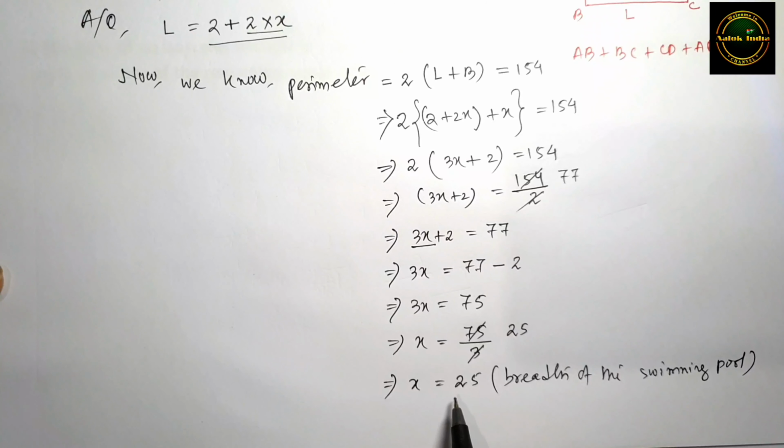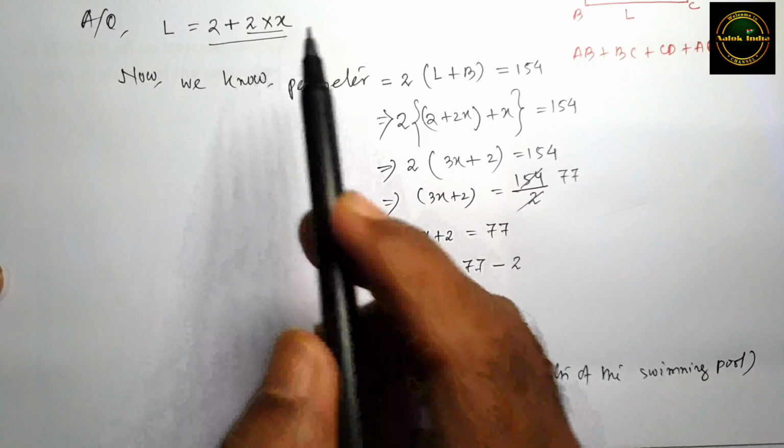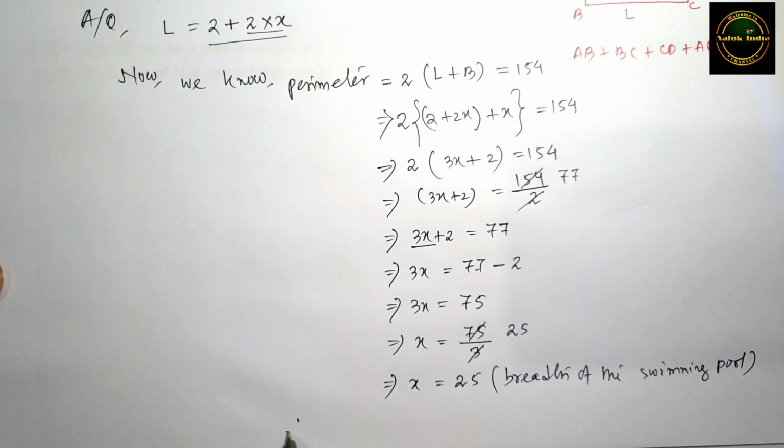So if the breadth of the swimming pool is 25, what is the length? Length is nothing but 2 plus 2x. Therefore, the length is 2 plus twice x, which you can write as 2 plus 2 into 25. Now 2 into 25 is 50, 50 plus 2 is 52 meter.